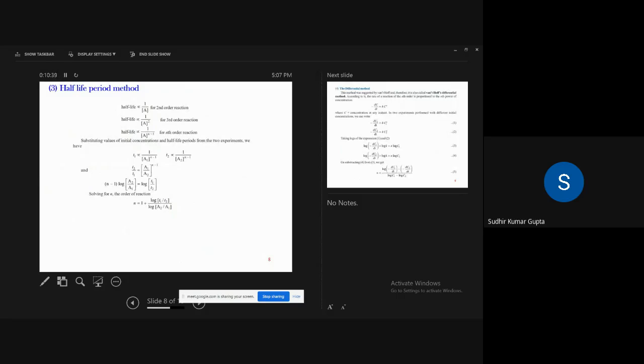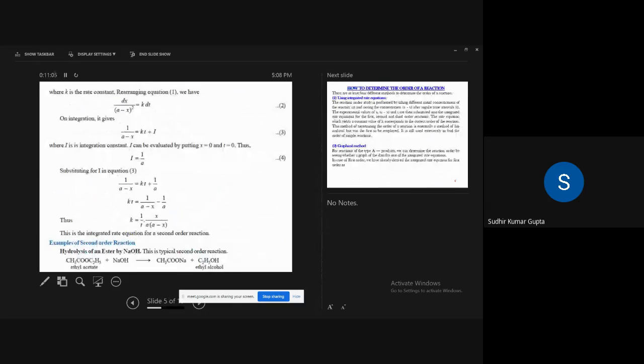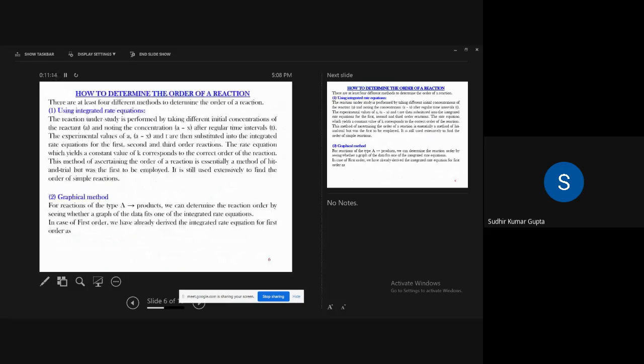In general it is found that the half-life is proportional to 1 upon the concentration of the reactant raised to the power n minus 1, where n is the order of reaction. From the equations also you can see for first order reaction it is 1 upon a to the power 0.